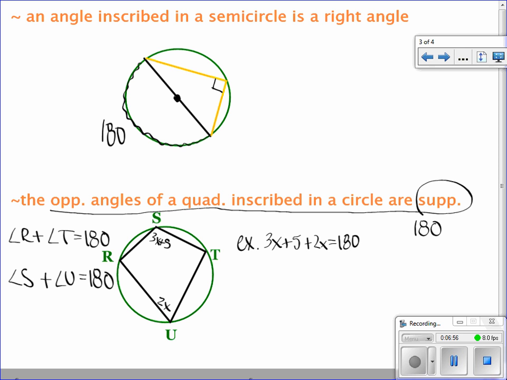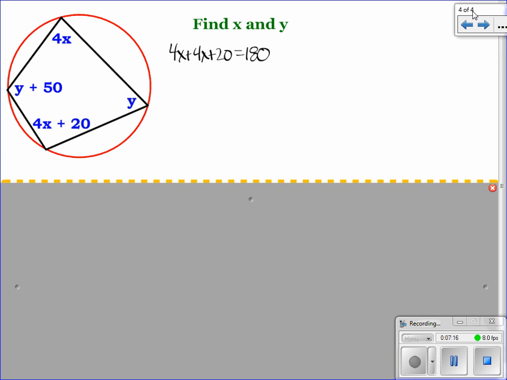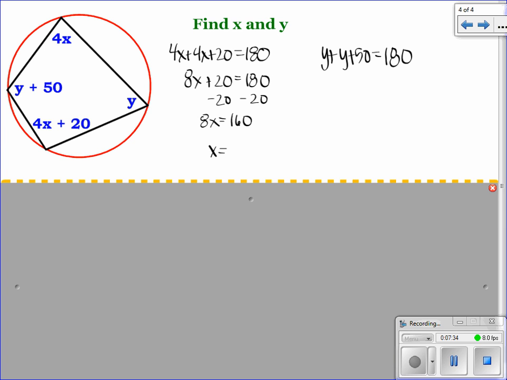Questions? Okay, so let's try that. Looking at this one, what are the two equations we would set up? Okay, what's the other one? Okay, so we'll quickly go through these. What's x going to equal? 20.